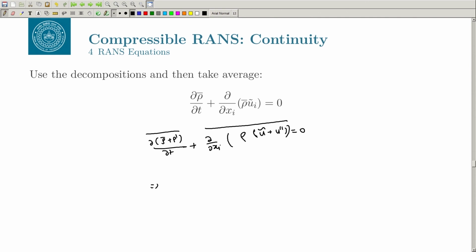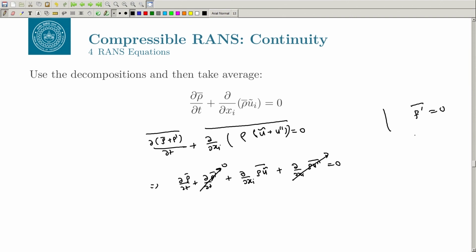So, this will become d rho bar by dt plus d by dt of rho prime bar plus del by del xi of rho u tilde bar plus del by del xi of rho u double prime bar equal to 0. Now, this is 0 by definition and this is 0 by definition. Remember, for the Reynolds averaging, the fluctuation of the quantity goes to 0, that is f prime bar equal to 0.